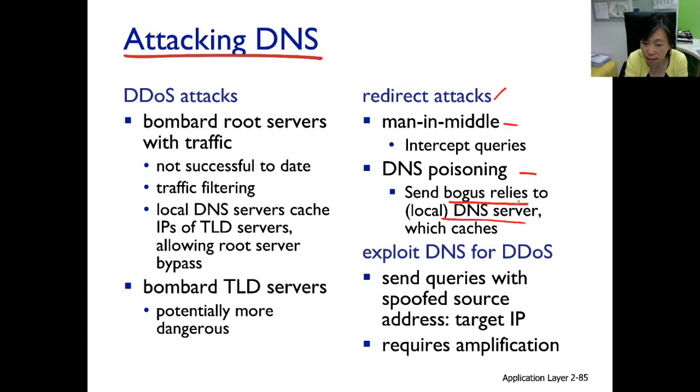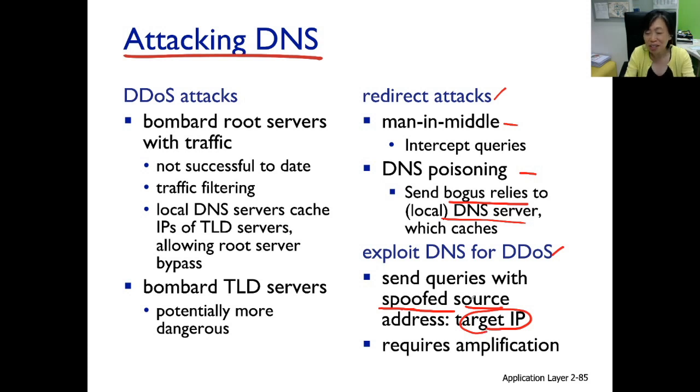of these replies. Last one, exploiting DNS for DDoS. We actually heard about this already. So this is in chapter 1, I believe. So people are sending queries. Hackers can spoof these queries and replace the source address with the IP address of the attack target.